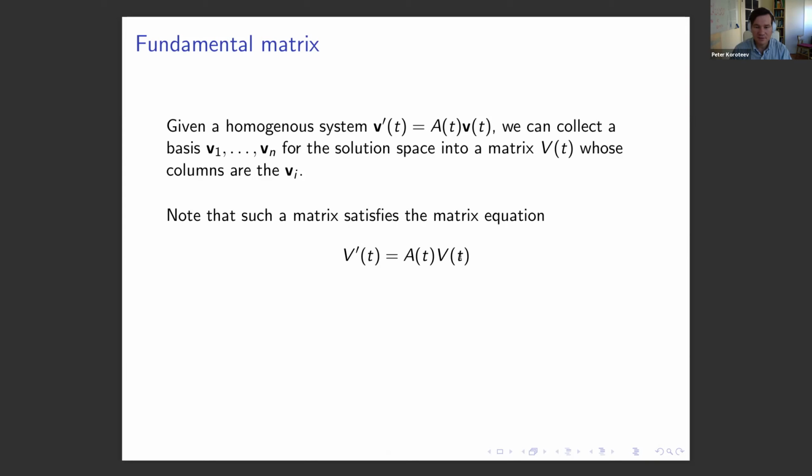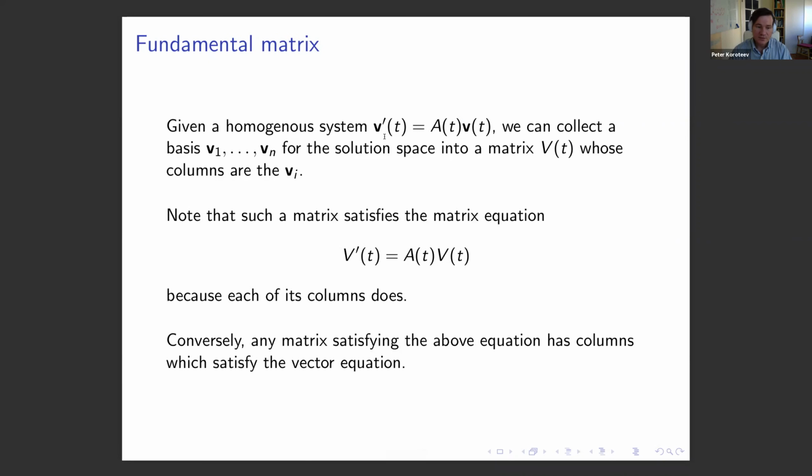Here V of t is also an n by n matrix, and this matrix equation is equivalent to n equations of this form, where instead of V we substitute the basis of solutions, because of which each column does. Conversely, any matrix satisfying the above equation has columns which satisfy the vector equation.